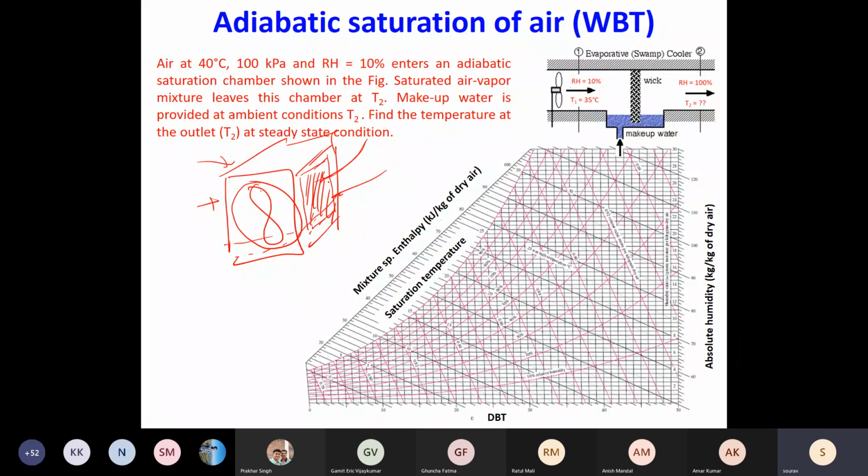Again, over there also the potential to pick up moisture is based on the difference between the omega of the incoming air and omega of the air very close to that wet material. Okay, unless and until you have a large difference between these two omega, you will not have mass transfer happen.